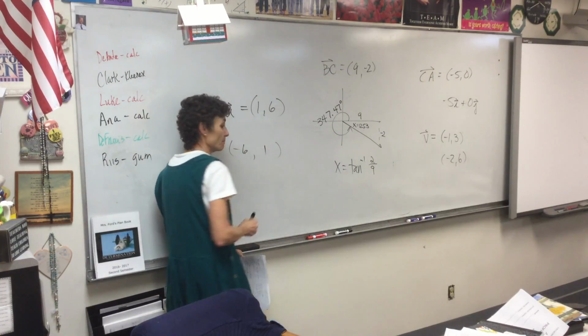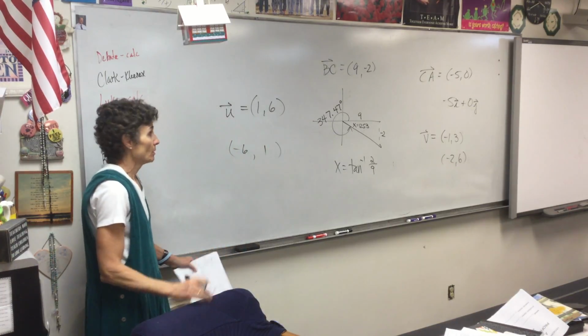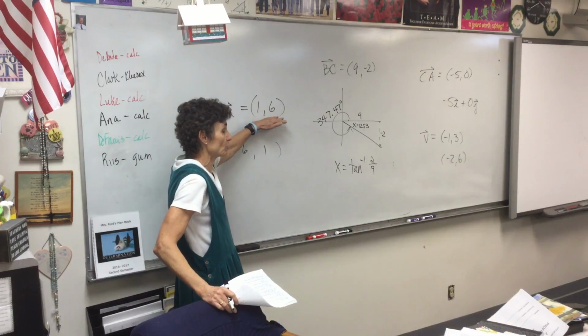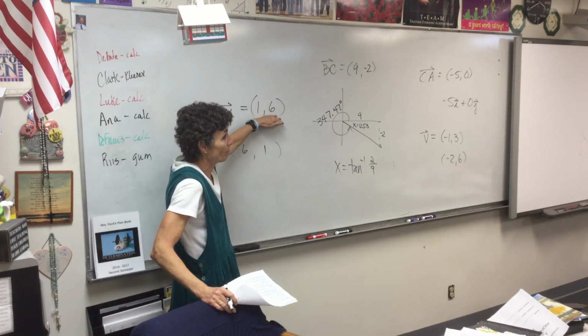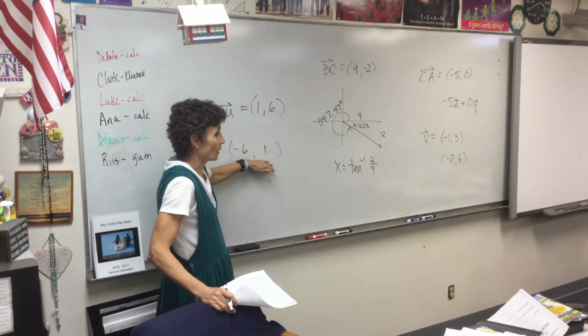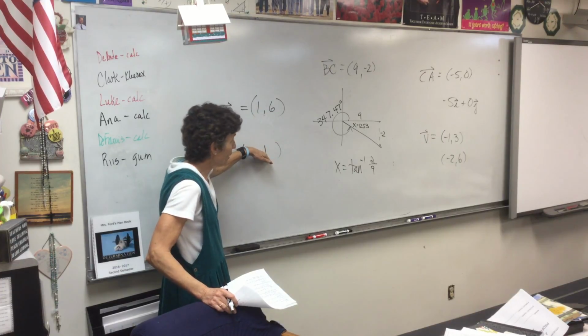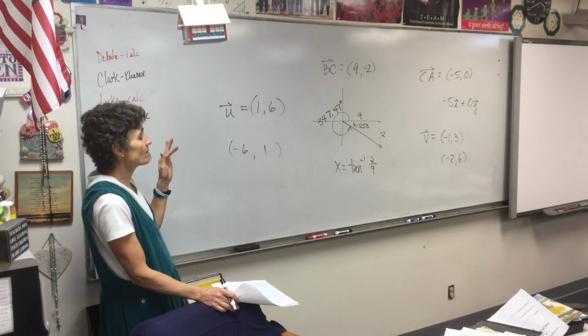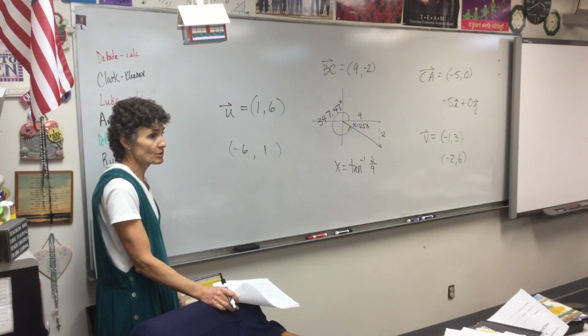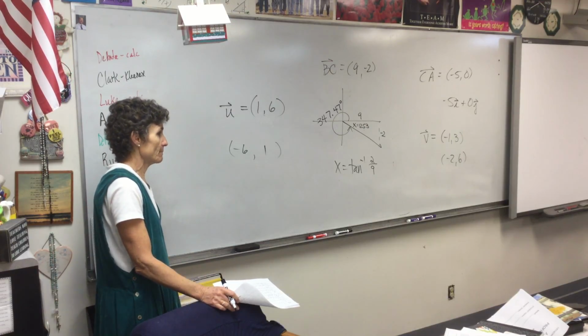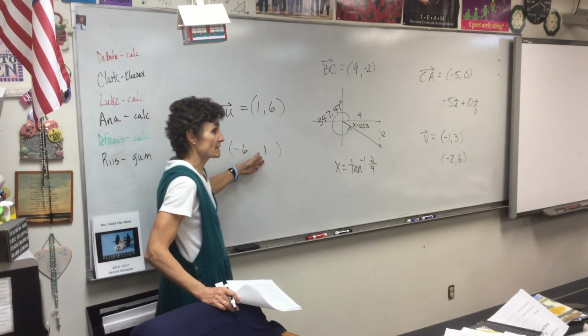Negative 6, 1, somebody said? What's this slope? How does this vector move? Over 1, up 6. That's a slope of 6 over 1. What's this one? 1 over negative 6. Are these perpendicular to each other? They sure are. Now there are infinitely many answers. Infinitely many. But that is a real simple one.